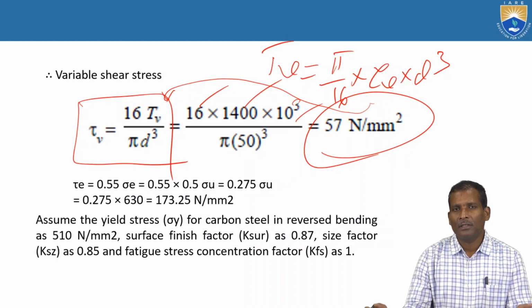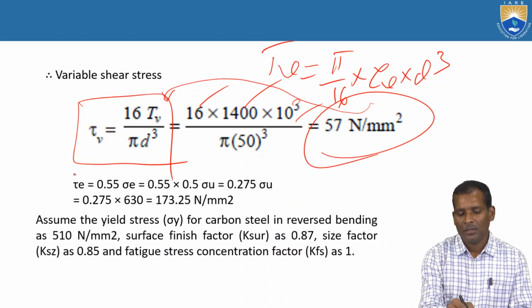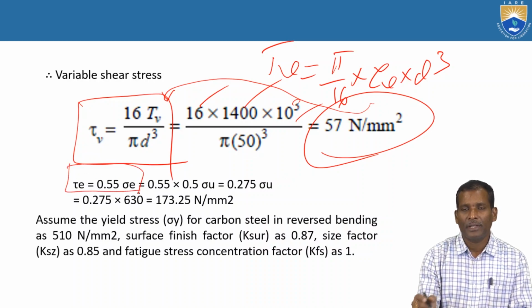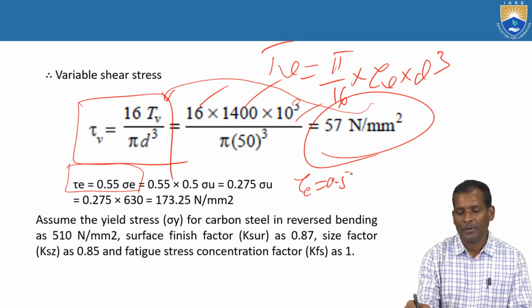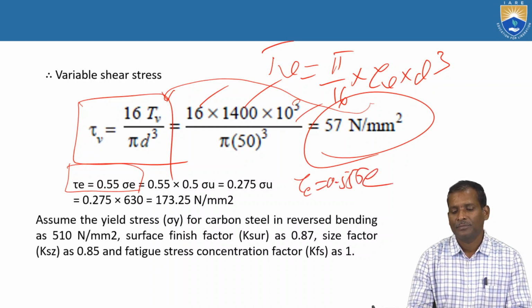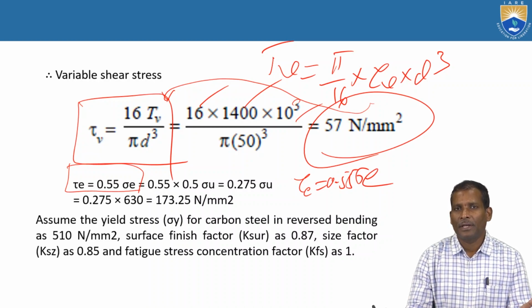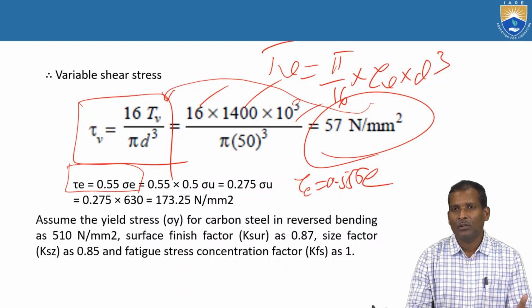Now the endurance limit for shear loads: you may take sigma e shear is equal to 0.55 sigma e. We already studied in earlier sessions that for shear loading the loading factor you may assume is 0.55 for ductile materials.